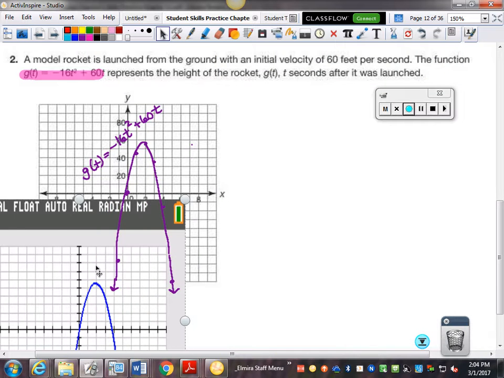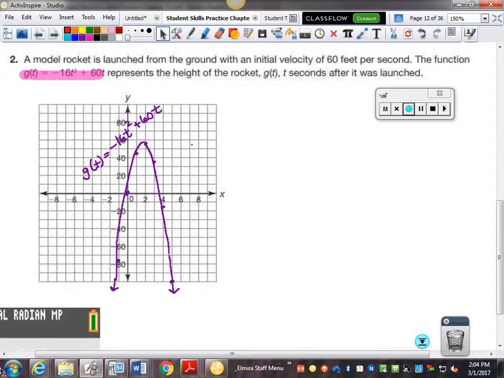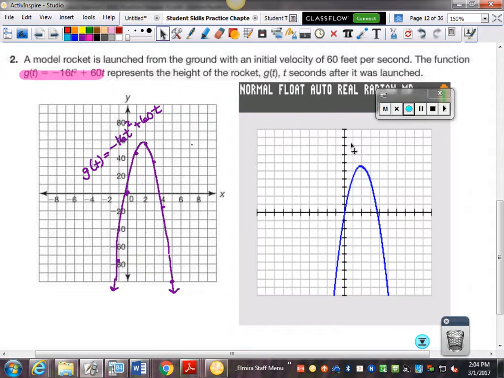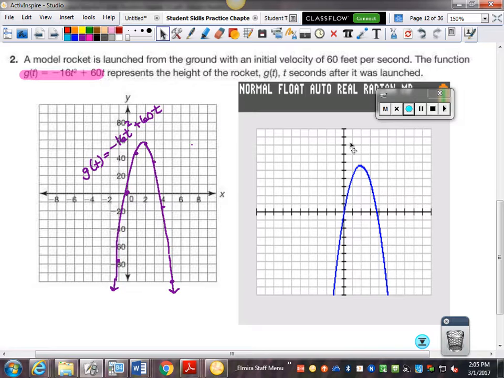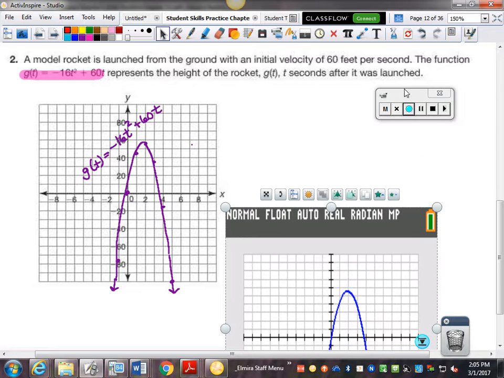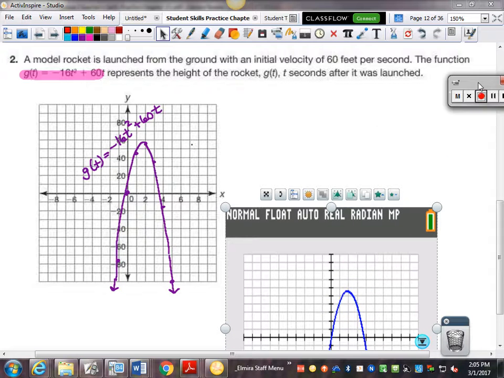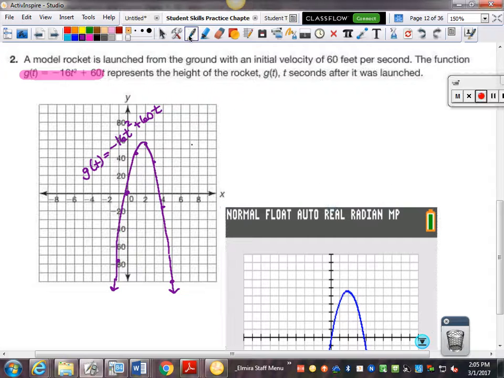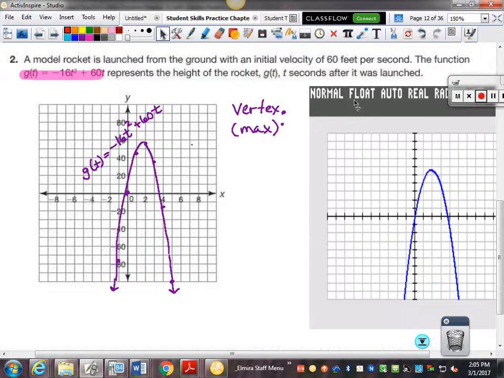I actually leave that out here just in case I want it. Alright, now what I want you to notice is that at this point we're supposed to say what the vertex is. And in this case, our vertex is a maximum. I can look at the graph and get an idea of how high the vertex is.